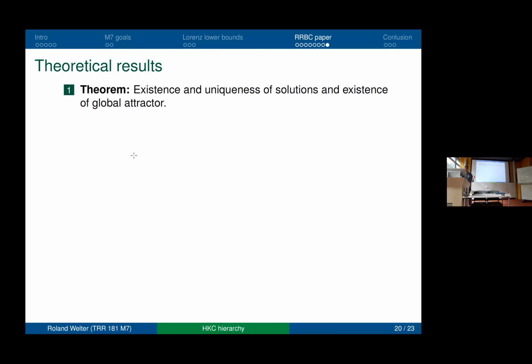The first one was existence and uniqueness of solutions, which in fact is already somewhat of an approximation theorem, because we know that these HKC models should converge to the true solution eventually. The thing is, we don't know how much resolution it would take from a theorem like this.